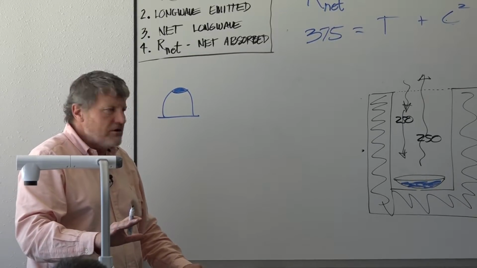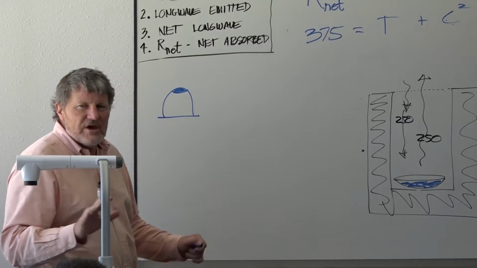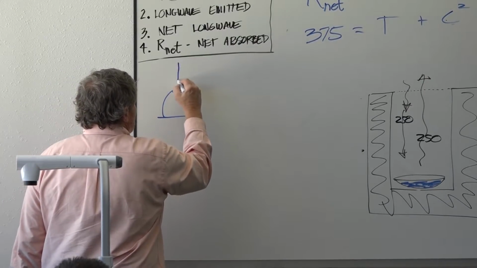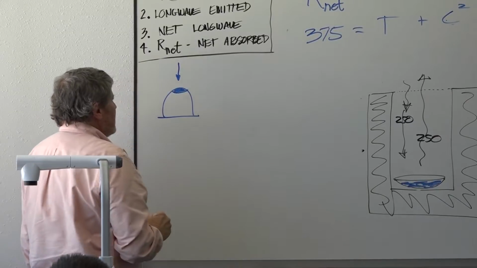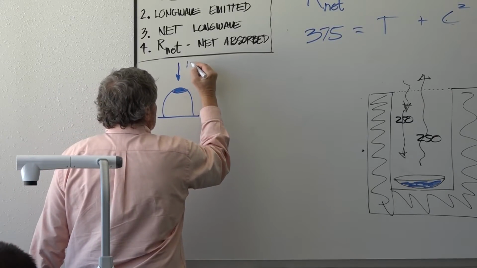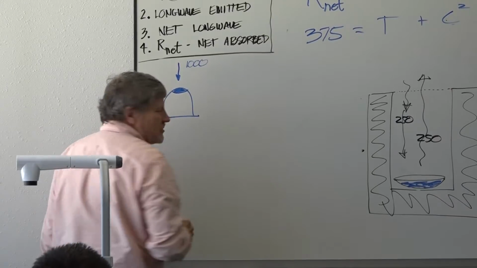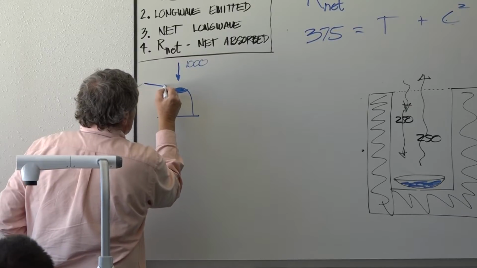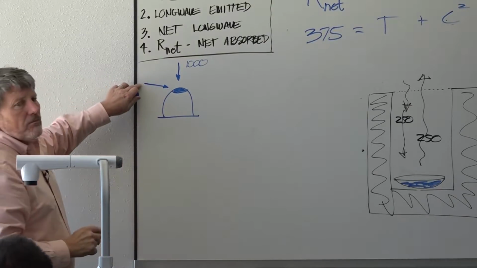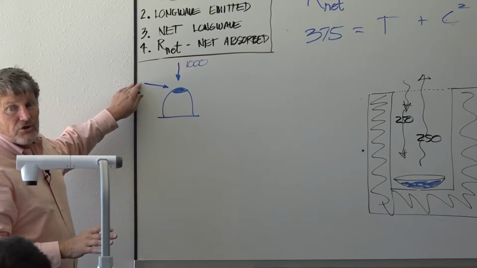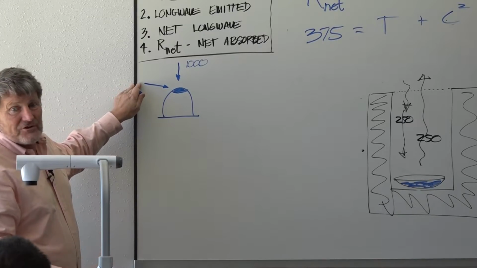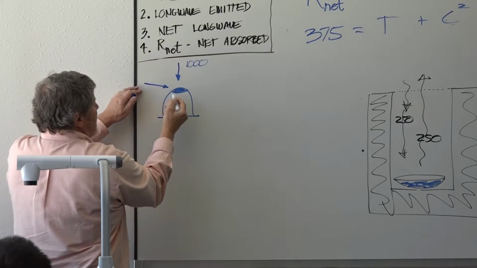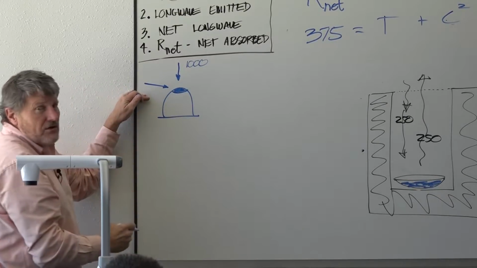And everybody says, okay, cosine corrected, that's good. What does that mean? It means that if you put a reference light here, let's say we did this and we got 1,000 watts per meter squared. Now we took that same light and put it at some low angle. If this sensor still reads 1,000, it's not cosine corrected. It has to read less by the cosine of this angle.